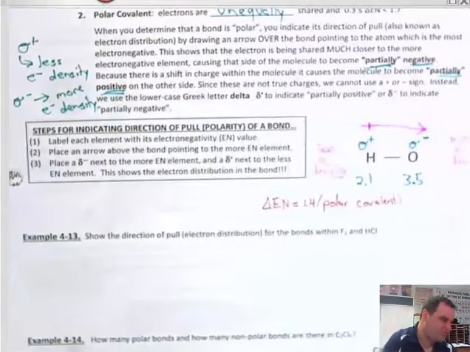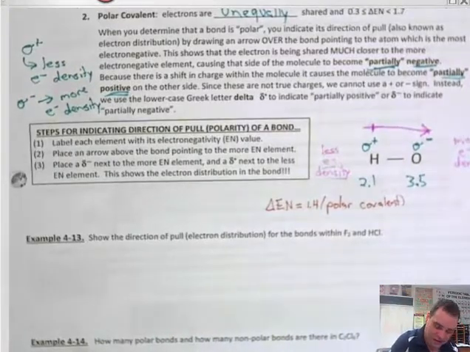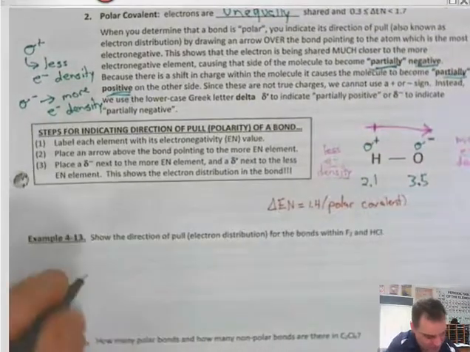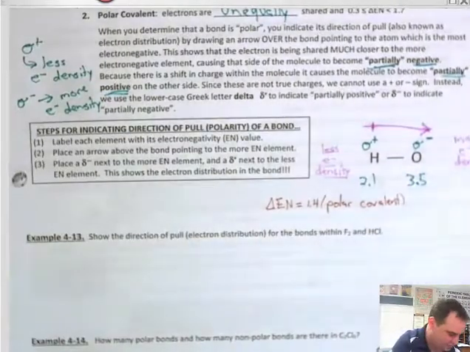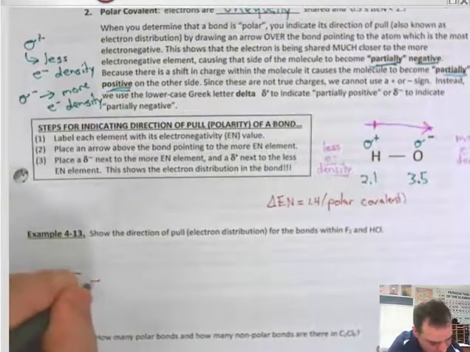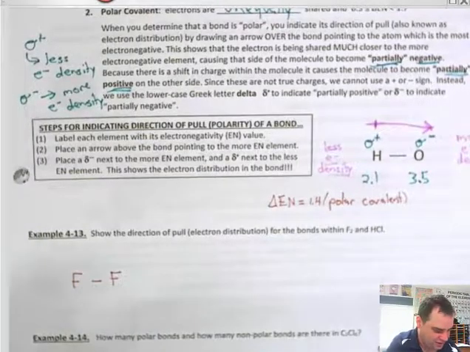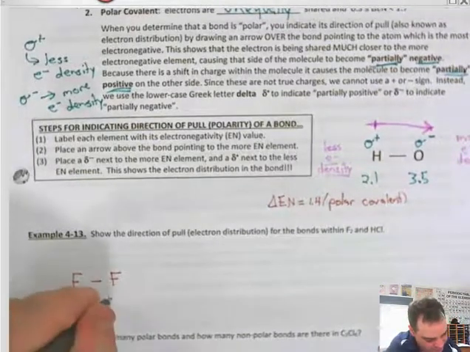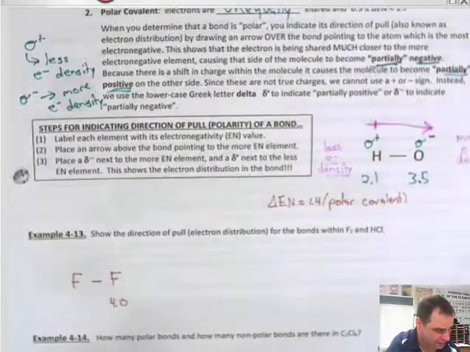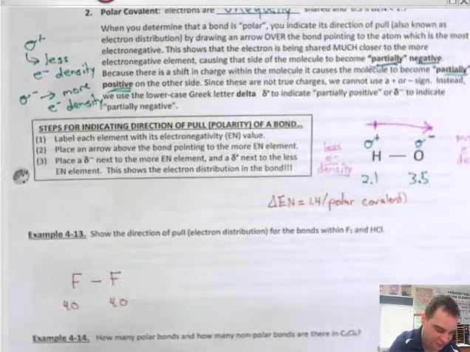Show the direction of pull for bonds within F2 and HCl. So we have F2, F bonded to F. The electronegativity of F is 4.0, and the electronegativity of F is 4.0. You can look those up in the reference packet.